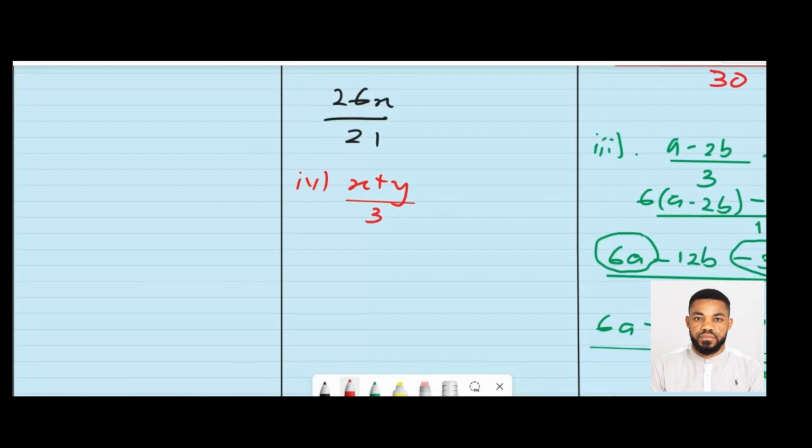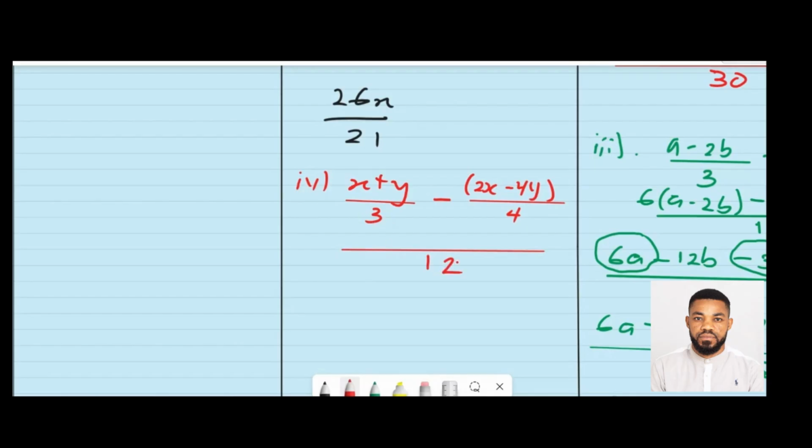And then minus the bracket of 2x minus 4y, all over 4. Good. So that's the question. How do we simplify this one too? So like we did with the previous ones, we just have to find the LCM. And the LCM for 3 and 4 is just simple. That's going to be 12. So the LCM is 12.